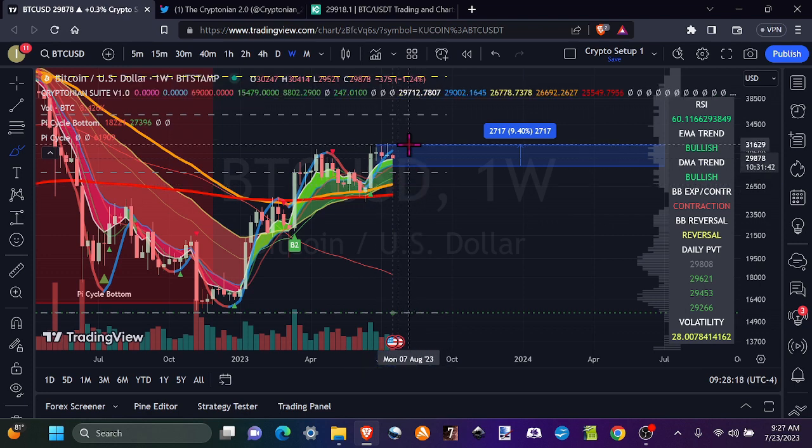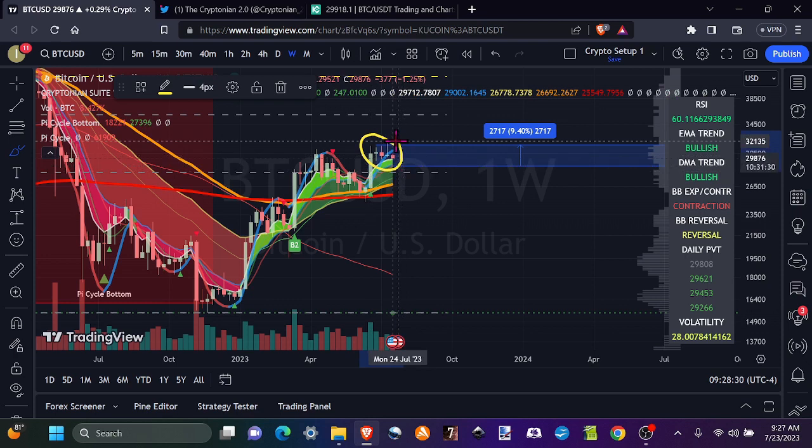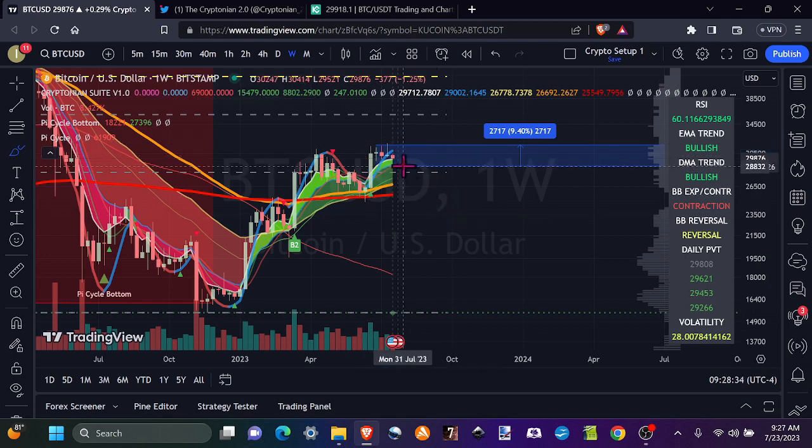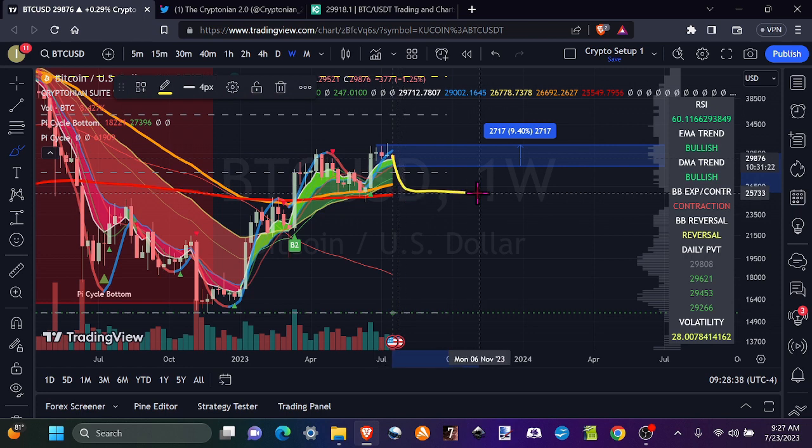So the way to scale in, if you're not sure if it's going up from here or pulling back, there may not be a major pullback, right? We may just go sideways. So deploy some capital here, a certain percentage, and then if we come down, have a correction, deploy more capital.